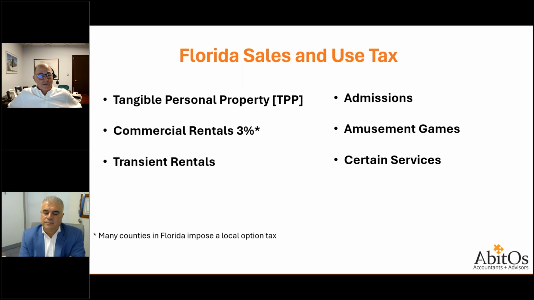Another thing subject to Florida sales and use tax is transient rentals. That's our bed tax, that's our rentals less than 6 months, that's Airbnb, that's VRBO, that's hotels and motels all throughout Florida. And the transient rental tax, again, is 6%. Admissions.